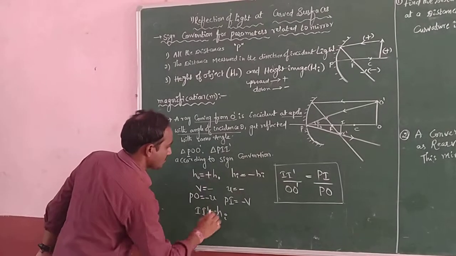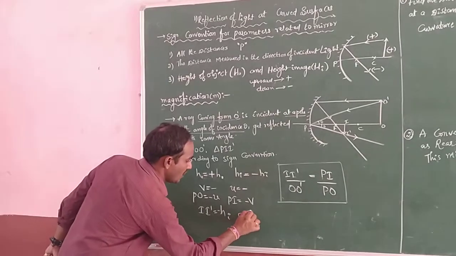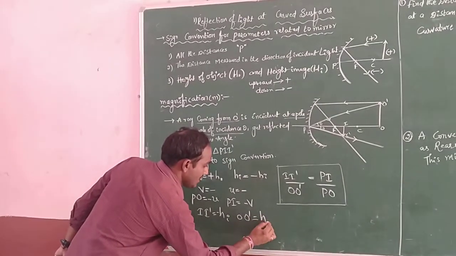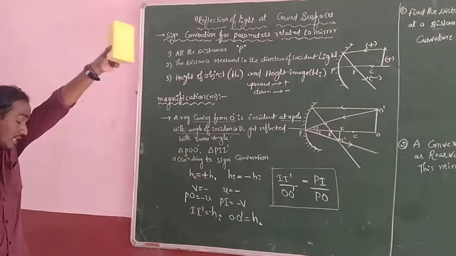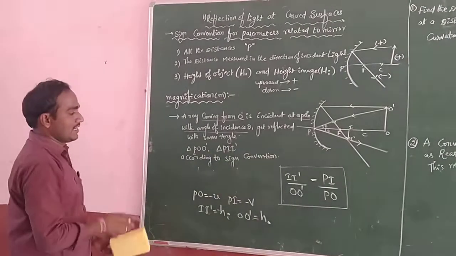Another one is O dash, which is equal to HO. We substitute this into that. So what do we get?